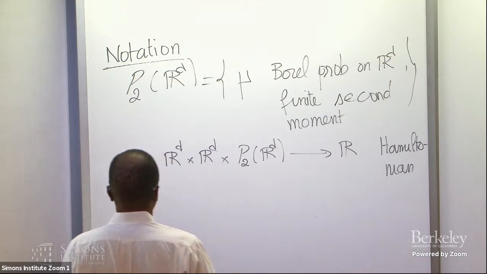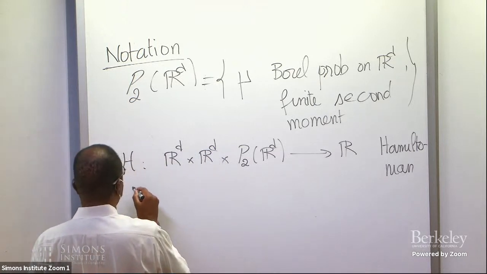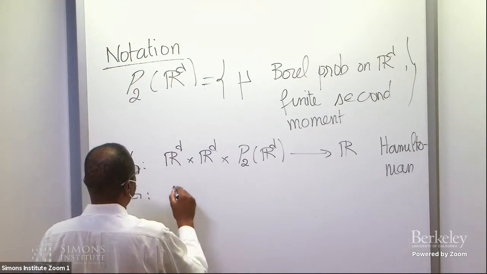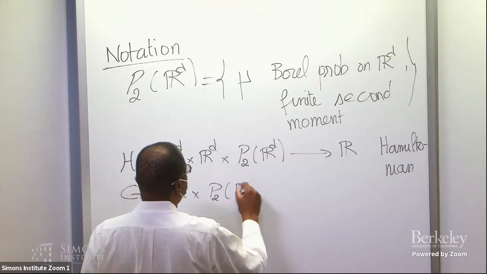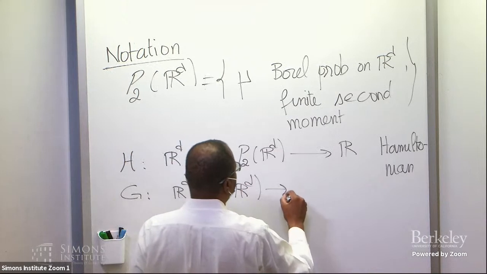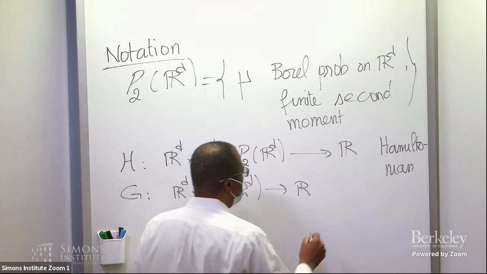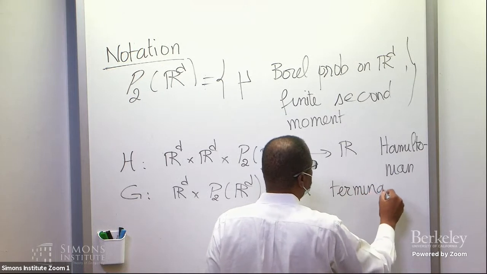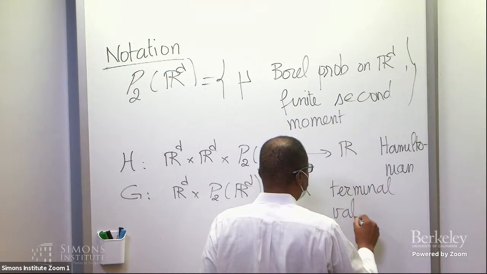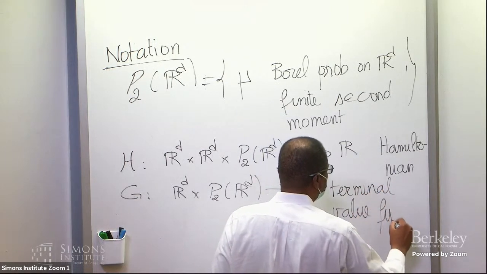And I am also given a function G from R^d cross P2 of R^d to R, which I'm going to call a terminal value function.